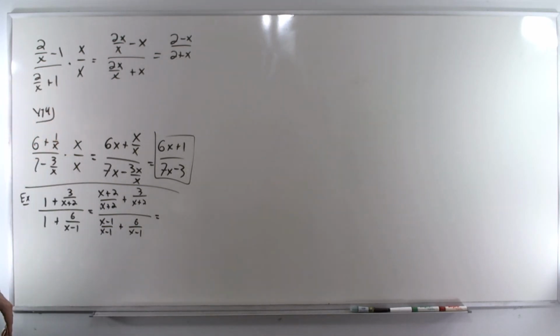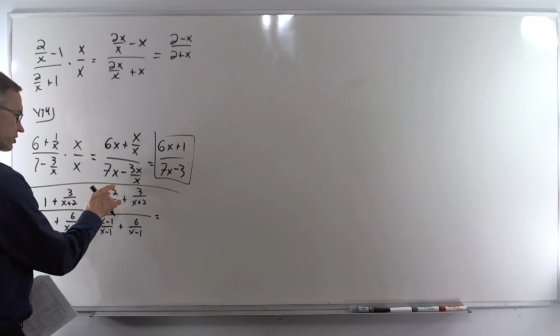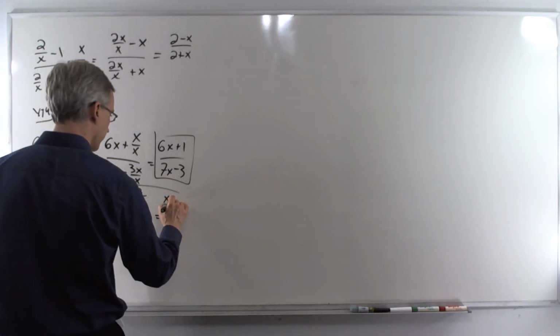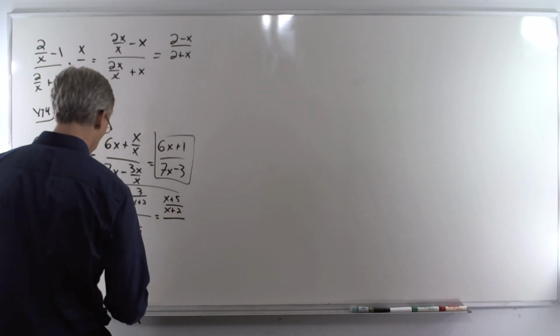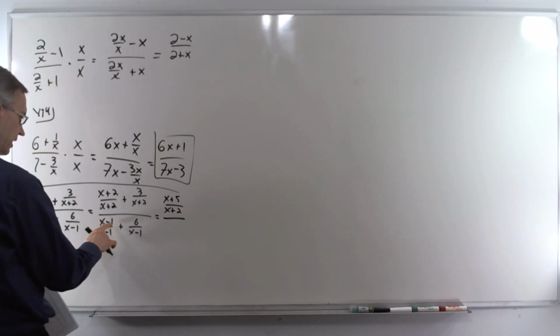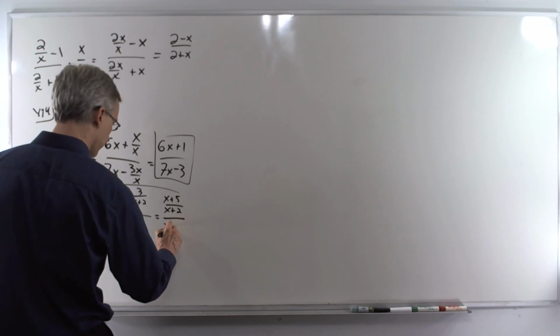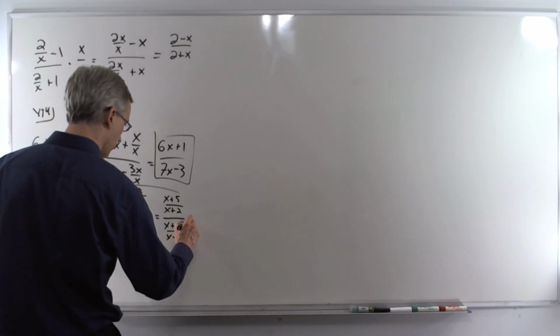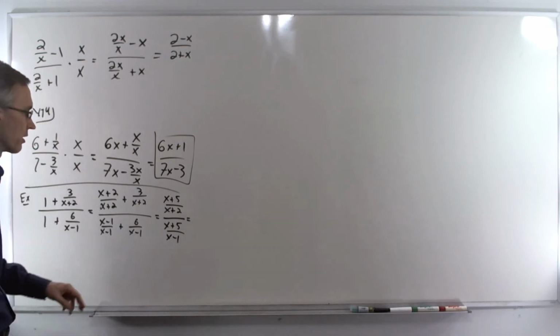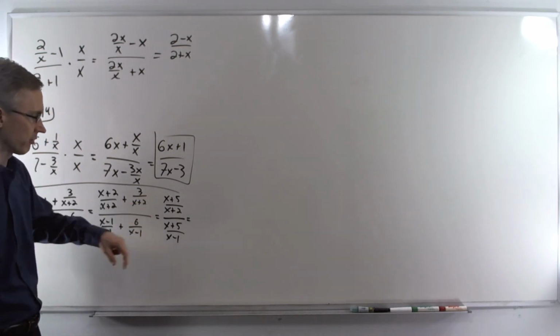All right, now we'll combine. So we got x plus 2 plus 3, that is x plus 5, over x plus 2. And the bottom, we have x minus 1 plus 6, so that is x plus 5, over x minus 1. All right, now we're down to a single fraction on the top and a single fraction on the bottom.